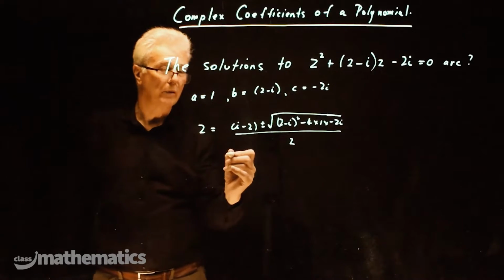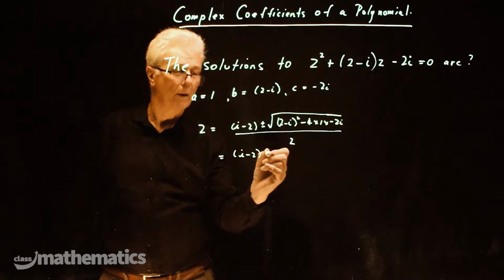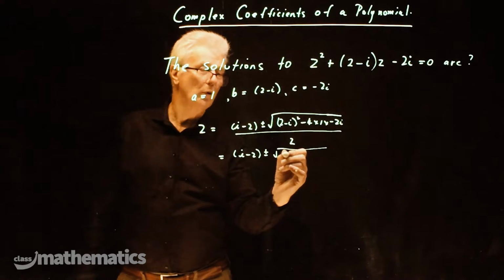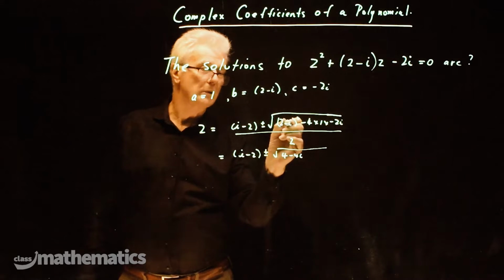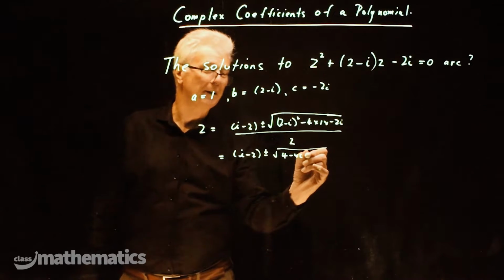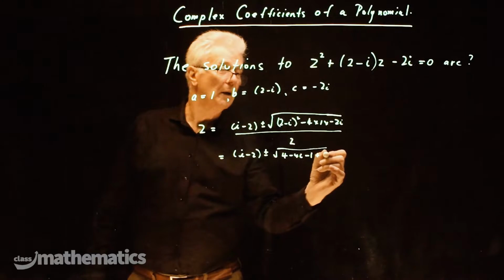Now being very careful with all these negatives hanging about, we get plus or minus the square root of, this becomes 4 minus 4i, and we square that, we're going to get minus 1, sorry, plus 1, isn't it? I beg your pardon, minus 1. Okay, and this one is plus 8i.